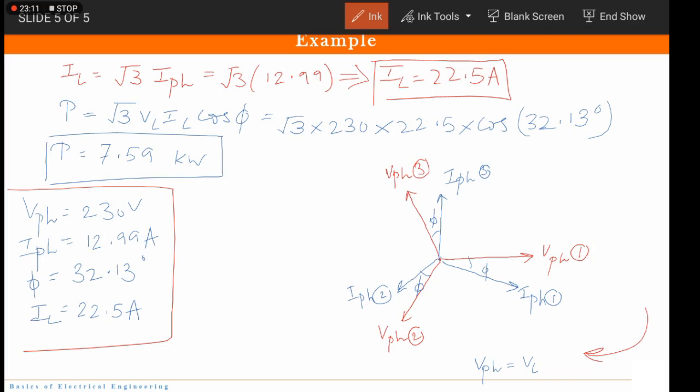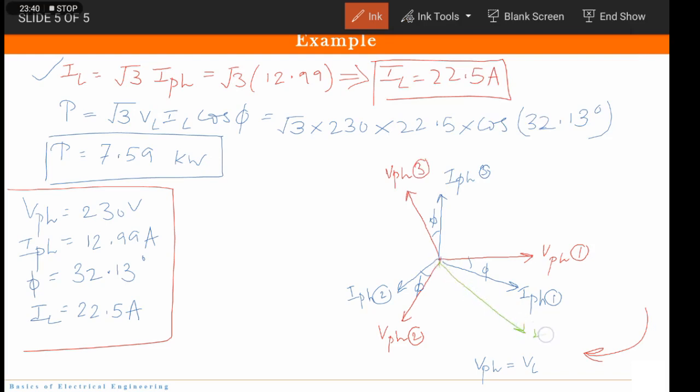Okay, and secondly, see this equation. Line current is root 3 times phase current. It means the magnitude of line current will be more than the phase current magnitude. Fine. So now I will be drawing the line current. So line current will be lagging. Okay. And it will have more amplitude.